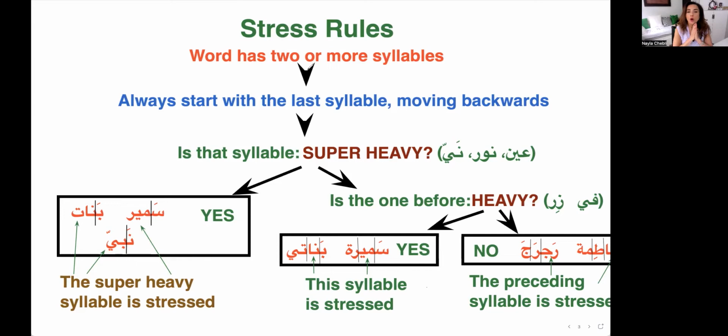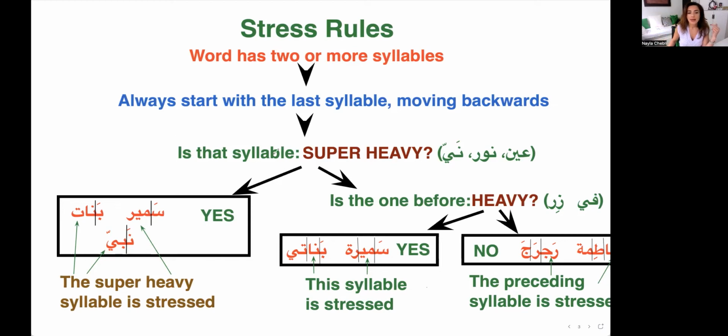So you always start with the last syllable of the word and then you move backwards. So from the last syllable to the one before the last one to the one before it. Okay, so you move syllable by syllable from the end of the word towards the beginning of the word.